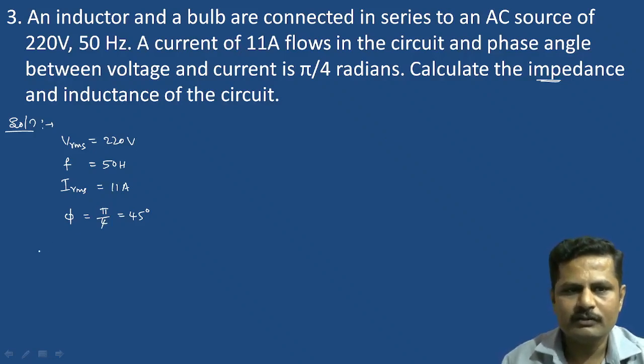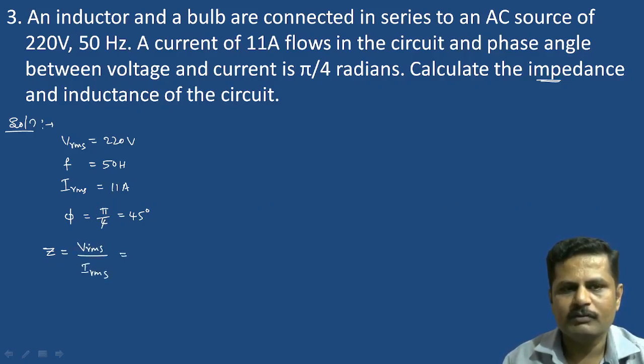So impedance Z, we know that Z is the impedance, the opposition offered by the LR circuit, and that can be written as V RMS divided by IRMS.